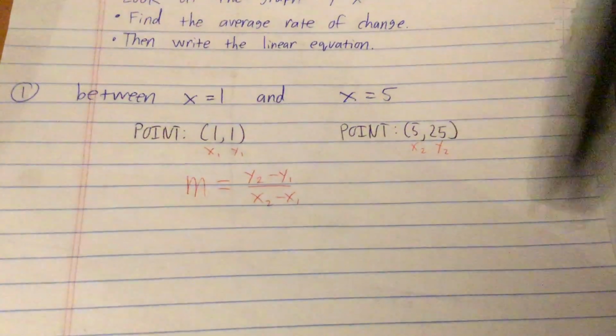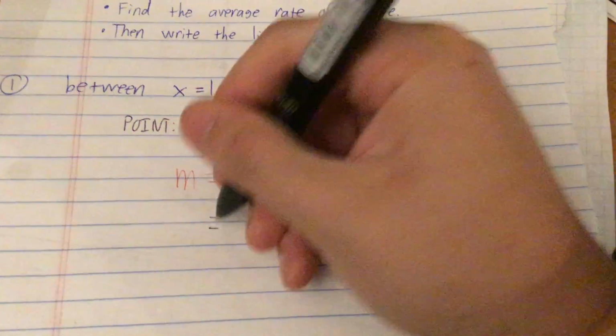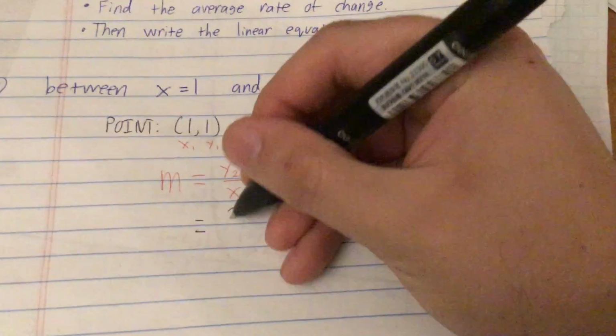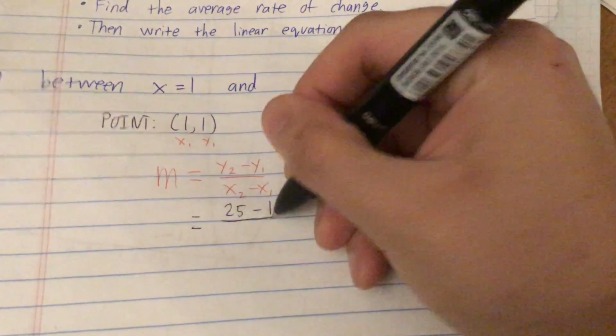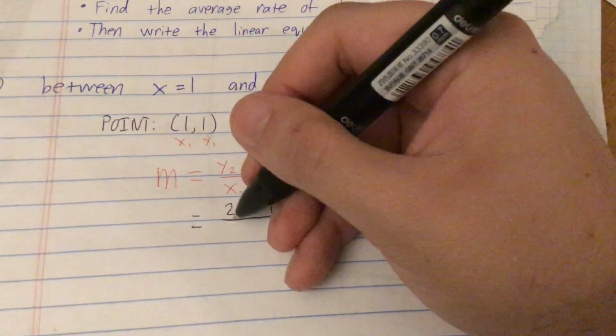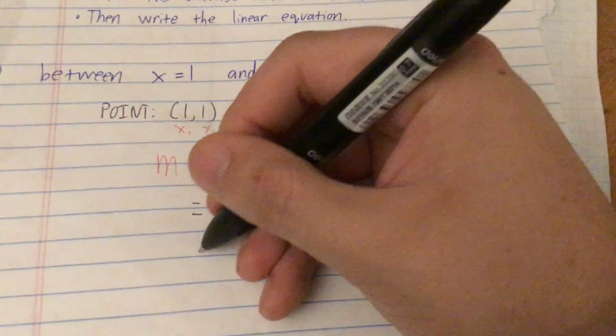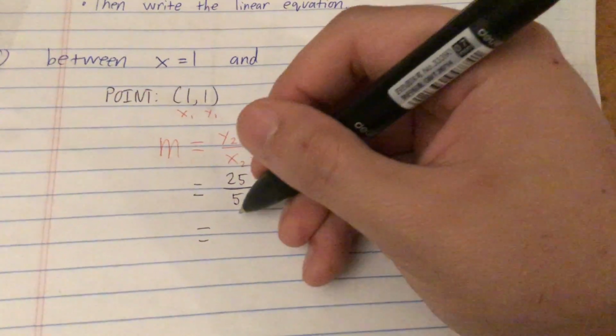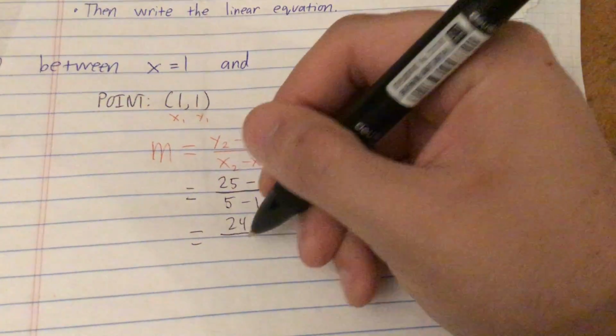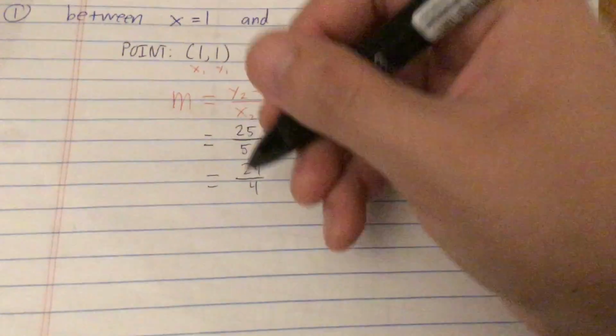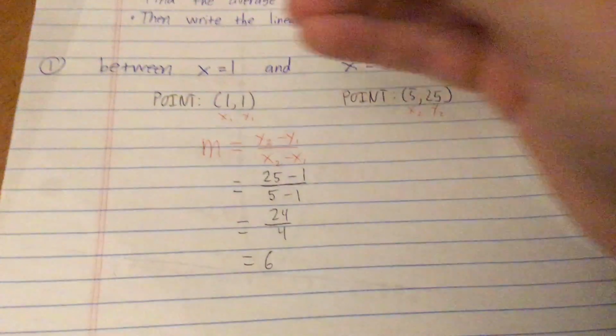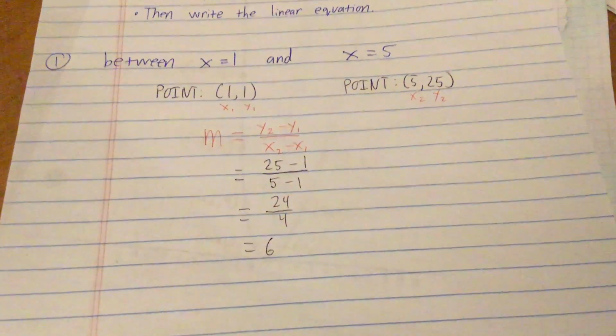So now that I've labeled it, y2 minus y1 is going to be 25 minus 1 over 5 minus 1. 25 minus 1 is 24. 5 minus 1 is 4. So the slope between x equals 1 and x equals 5 is 6.